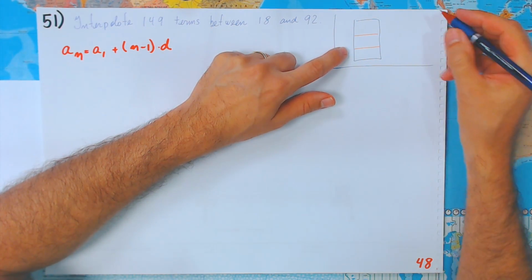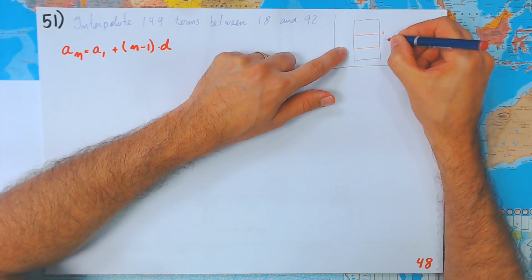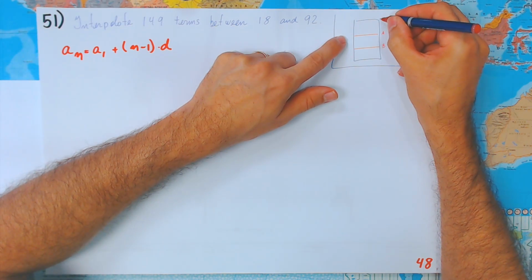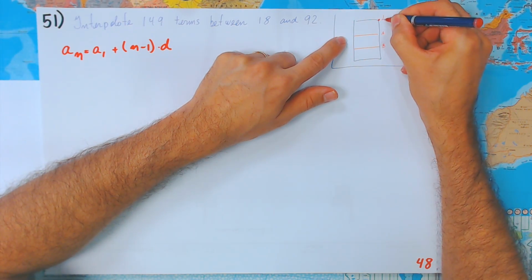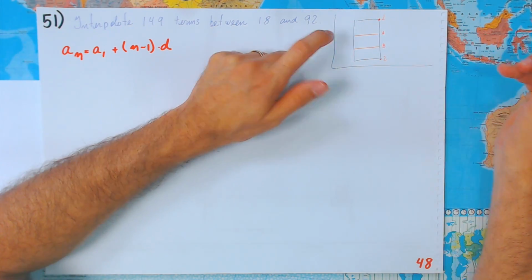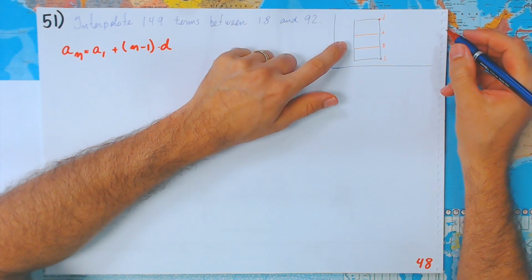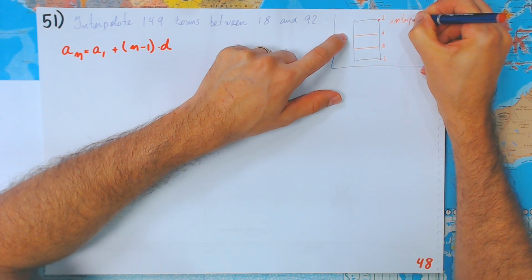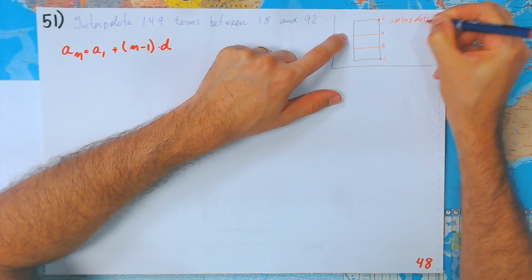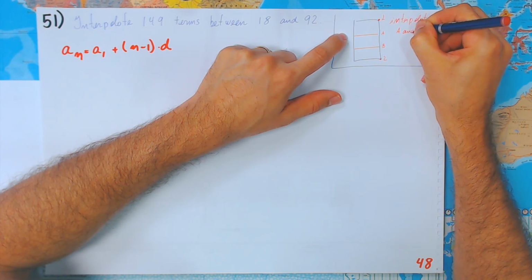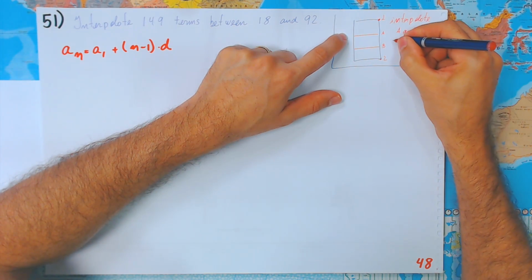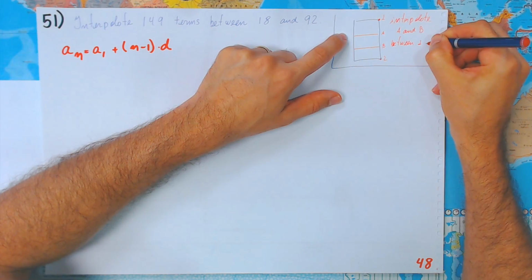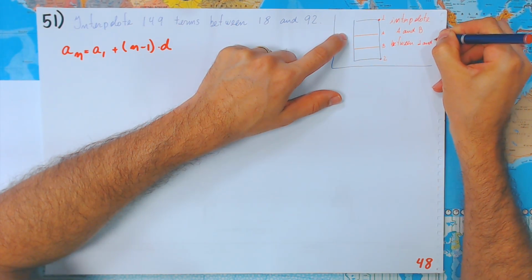To interpolate means to add those 2 lines, A and B, between 1 and 2.